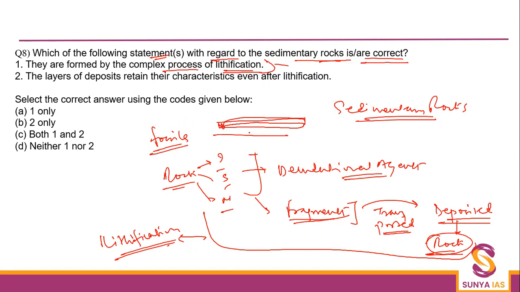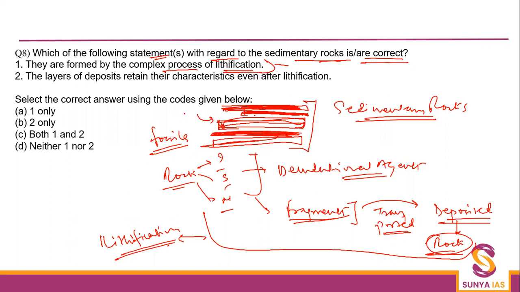After this deposition, some fossils got deposited over here, say for example some plants, animals and trees got dead and got deposited in this layer. After that another deposition happened, and then another layer forms. Such different layers with changing time are formed. This is how the sedimentary rock systems are formed, through lithification. So this first statement is definitely correct.